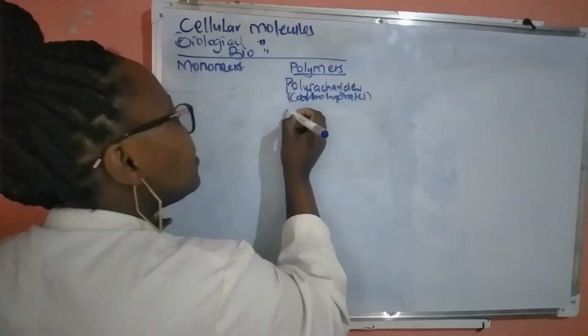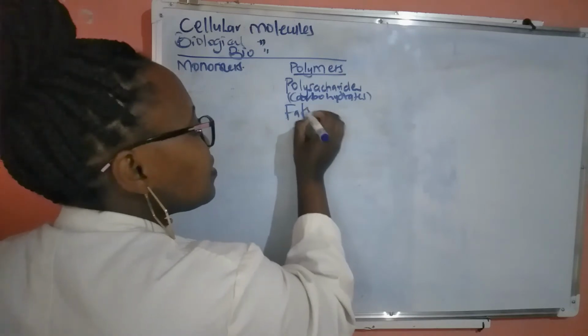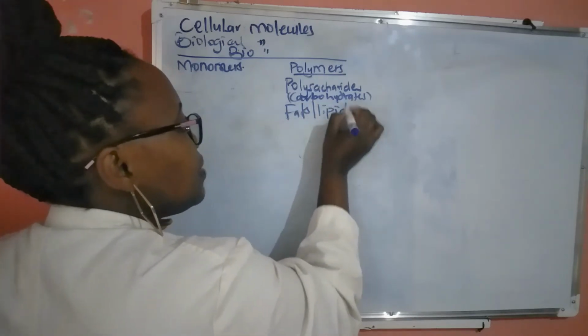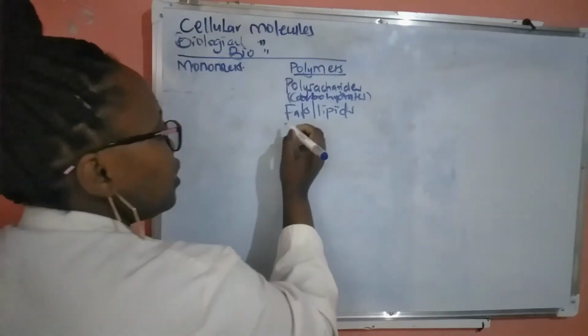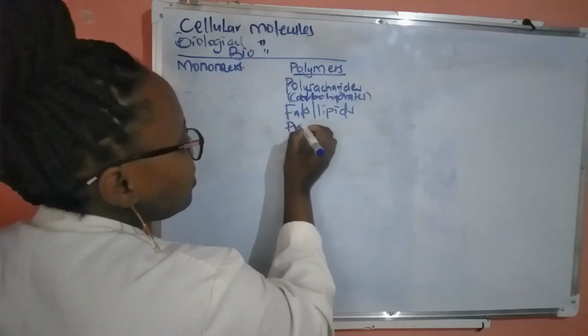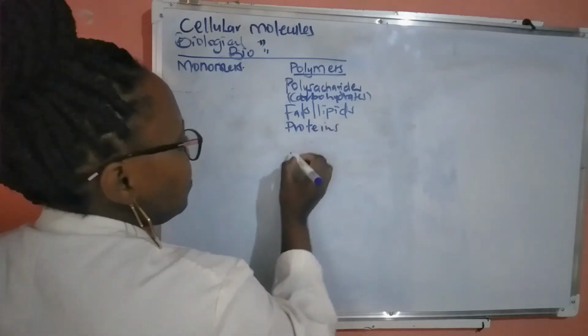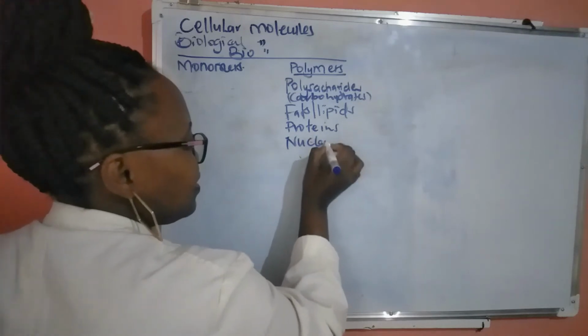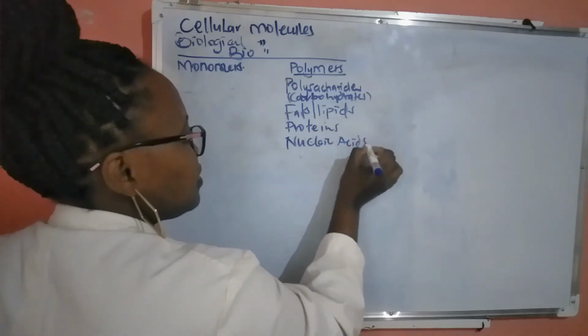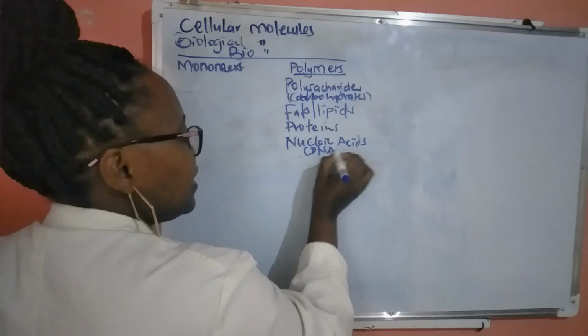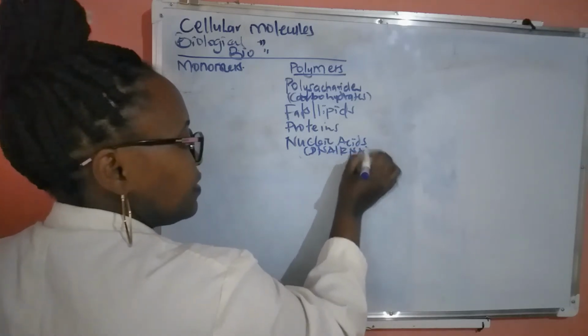Then we have fats and lipids. Then we have proteins, and we have nucleic acids, which are mainly the DNA and RNA.